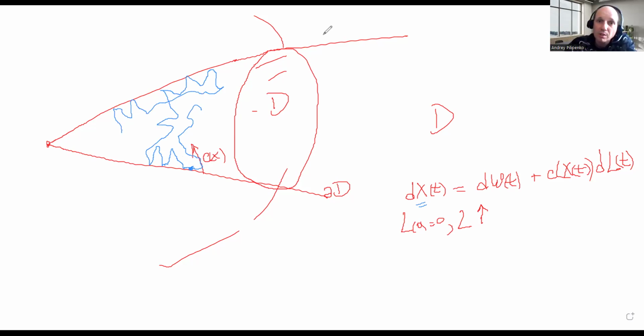This means that the integral from 0 to t of the indicator that X_s belongs to the boundary, dL_s, is L_t.